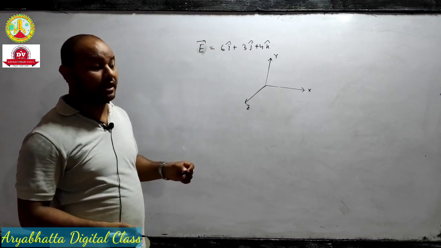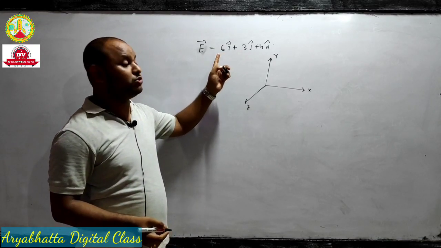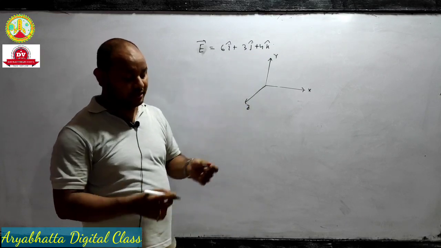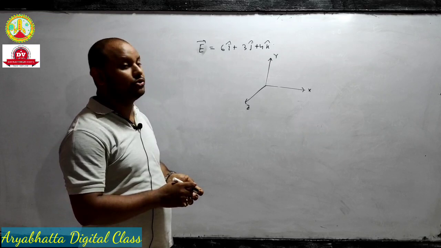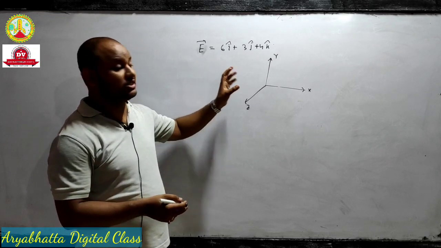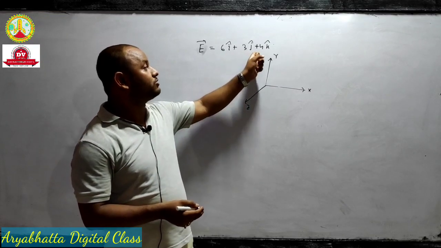In the previous numerical, the electric field has only i component, that means only x component is there. Along y and z direction, the value of electric field is 0. But in this question, the electric field has three components, x, y and z component. That is why it is 6i cap, 3j cap plus 4k cap.